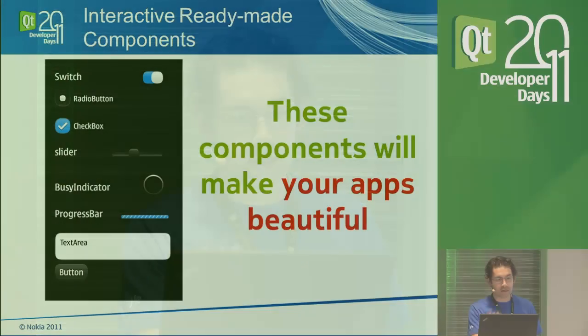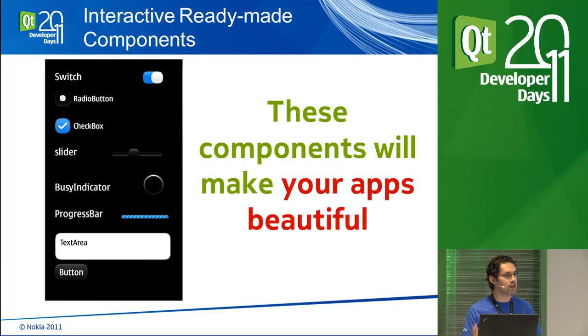It's the kind of components that make sense: the switch, radio button, checkbox, progress bar, all these kinds of elements that you need when you create a form or some sort of page that requires an interaction in your application. And they have been designed in a way that they look nice, that they have smooth transitions, that they look good.